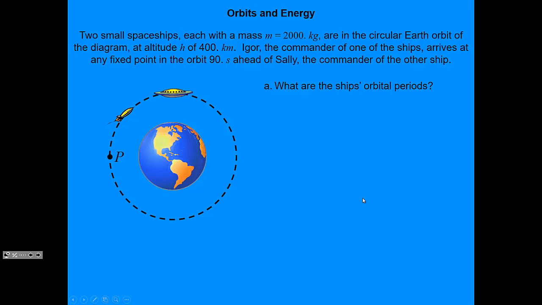Now, it lives in the question section at the end of the chapter, and they've stripped out what I think are the fun parts, which you can tell that this question was written during the Cold War. So you've got Igor, obviously a Russian, who's ahead of the plucky astronaut Sally, a stereotypical American name, who happens to be 90 seconds behind. And you'll see what Sally does through the course of this problem.